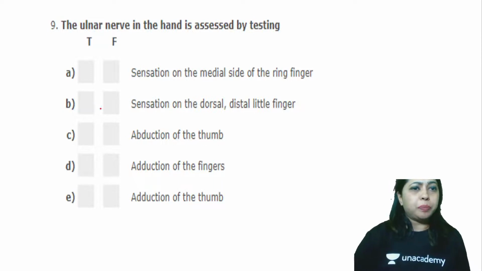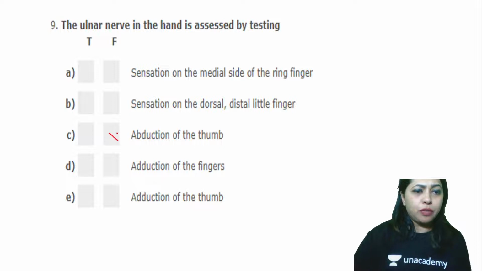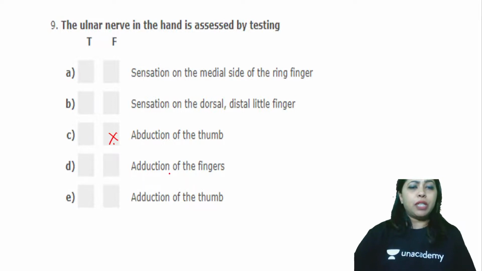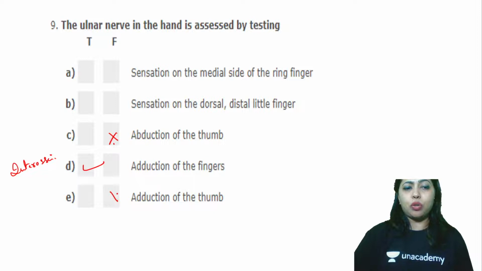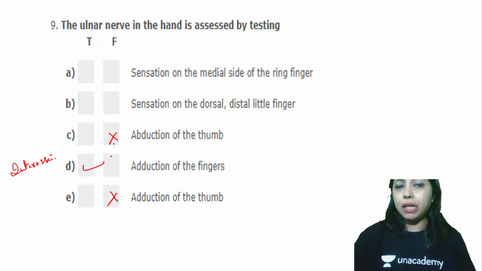No, that is not ulnar nerve, so it is false. Adduction of the fingers, yes, because you are talking about the interossei here. What about adduction of the thumb? That's also not talked about in ulnar nerve testing.